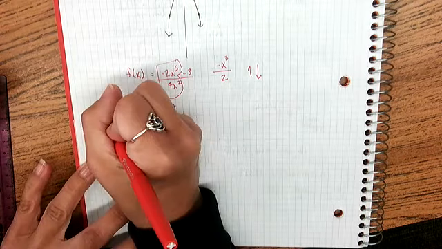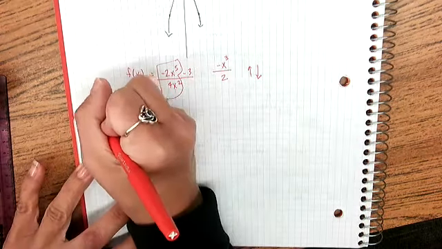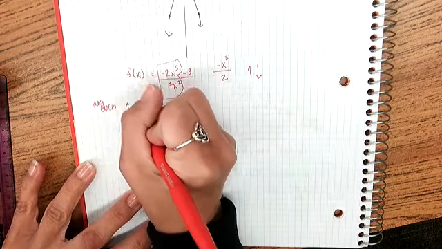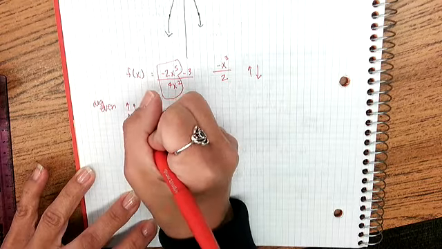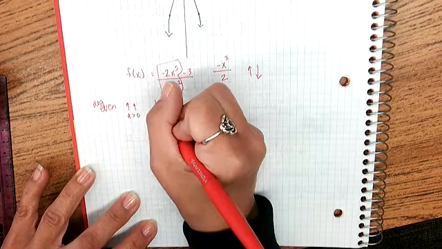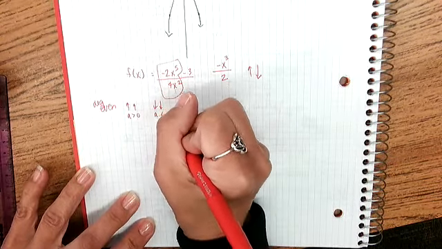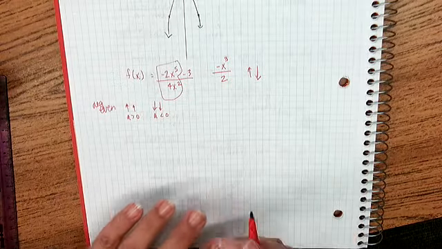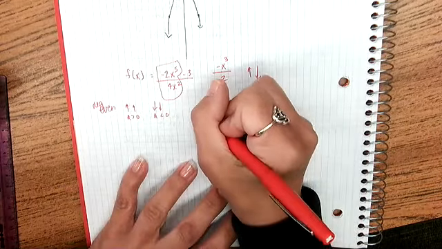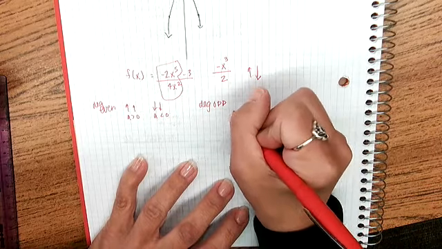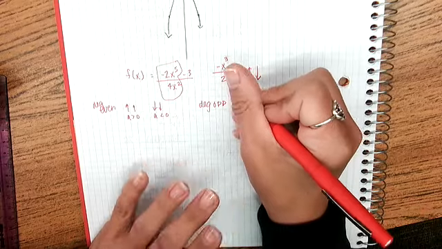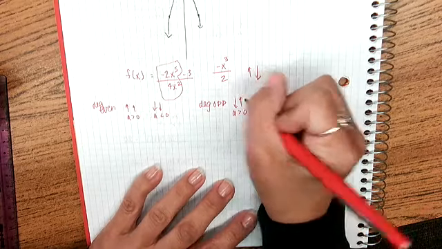If the degree is even, up, up if a is positive, if a is greater than 0, and if a is less than 0, it is down, down. If the degree is odd, a is positive, it is x cubed, down, up.